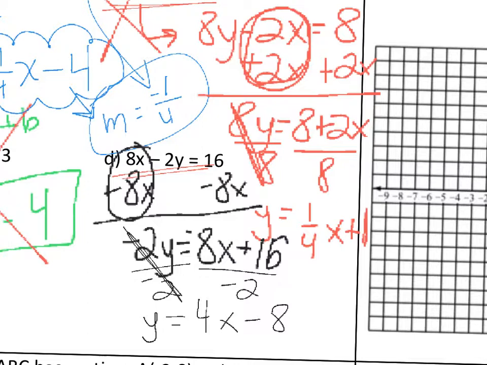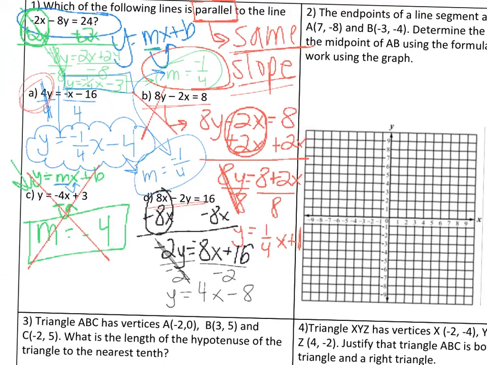Now, if you can, think about why this may have been a tempting answer choice, and press play when you're ready to hear the answer. So what's tempting about this answer choice is that it's actually the opposite reciprocal of the given slope. Remember, our given slope was negative 1/4.